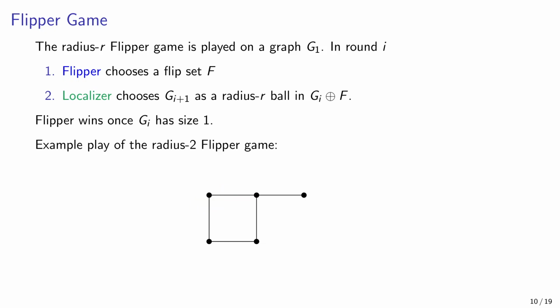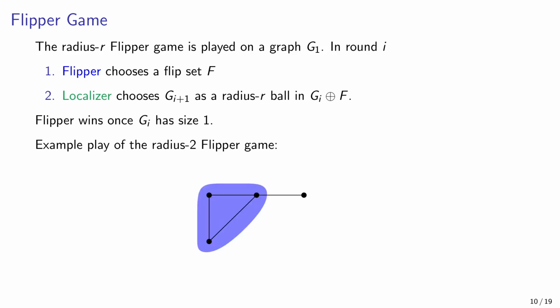And now it's again flipper's turn. Flipper flips those 3 vertices. So a new edge will be introduced and 2 will be forgotten. This is the flip. And now this bottom right vertex, it became disconnected. And now when it's localizer's turn, it will disappear from the arena.